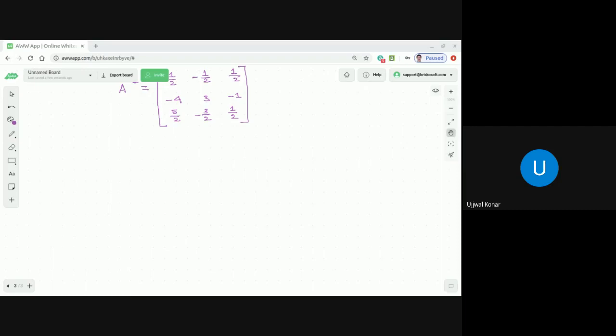So the elementary column operations, dear students, is something like this. Just exactly like the row operations. The only thing is that you just replace the word row by column, and that's it.